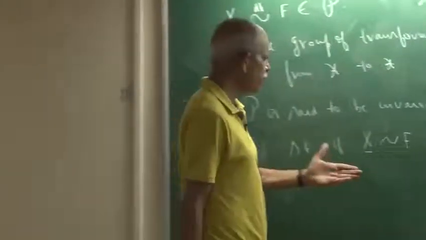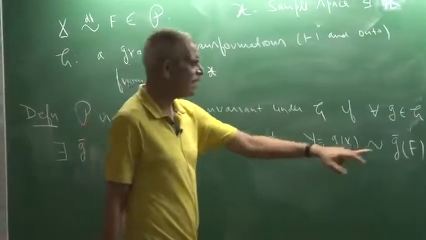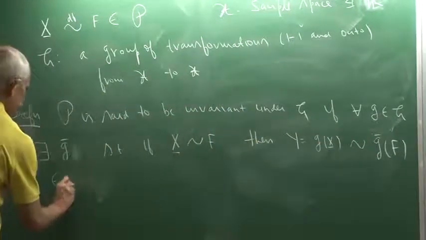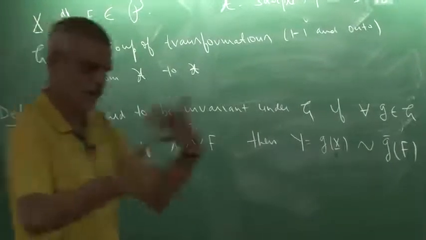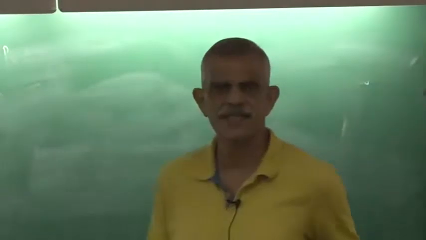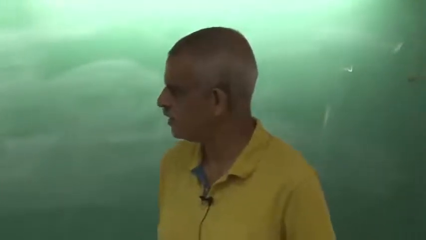So what it says is, if you apply any g to x, I again get a distribution g bar f which is in P. So if you keep on applying transformation g on x, the distributions which you get are again in P. So I say that such a family of distributions is invariant under G.